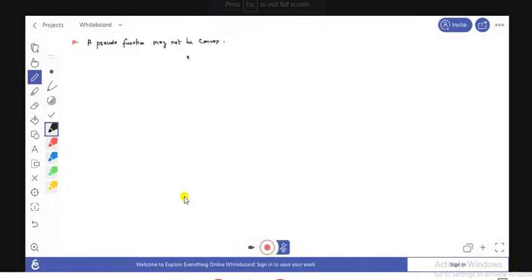Okay, so if you take an example, suppose the function is x plus x cube. We check whether this function is convex or not. So we check that the function is not convex.